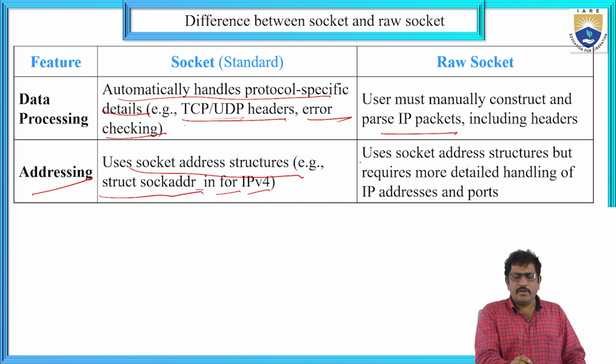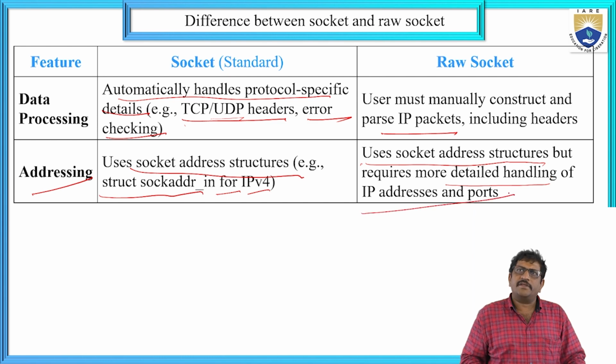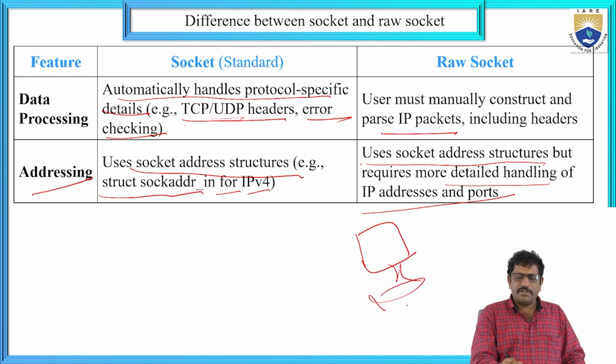Raw sockets also use socket address structures, but they require more detailed handling of the IP addresses and port. Each and every device we are considering has an IP address, like 192.168.1.0. Along with this we are using the port number.